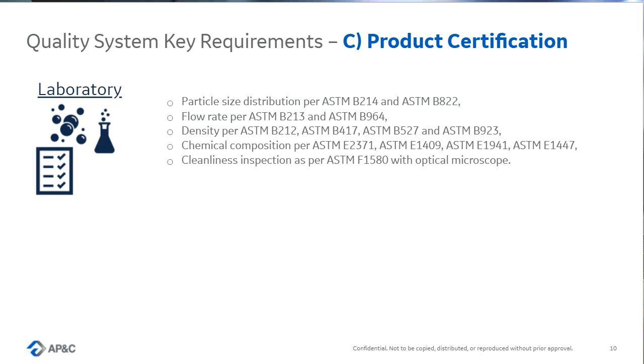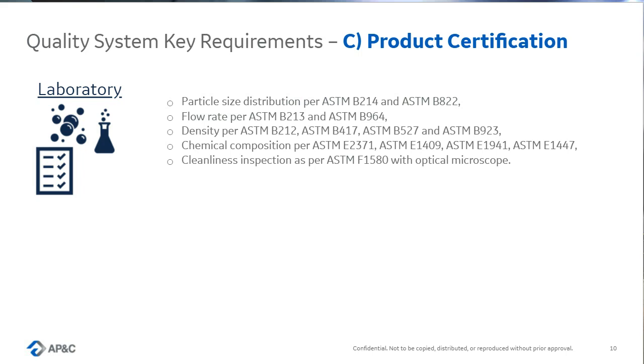Obviously, there's size distribution, either by sieving or laser diffraction. There's flow rate, either with Carney or Hall flow meters. There's also density, measured with the density cup, again with Carney or Hall flow meters, but also tap density or pycnometry, true density, or skeletal density, depending on how you call it. Chemical composition is also very important, to make sure that you have the right product, but also that it has the right chemistry so that your end part is going to have the right chemistry, and to allow enough recycling of it.